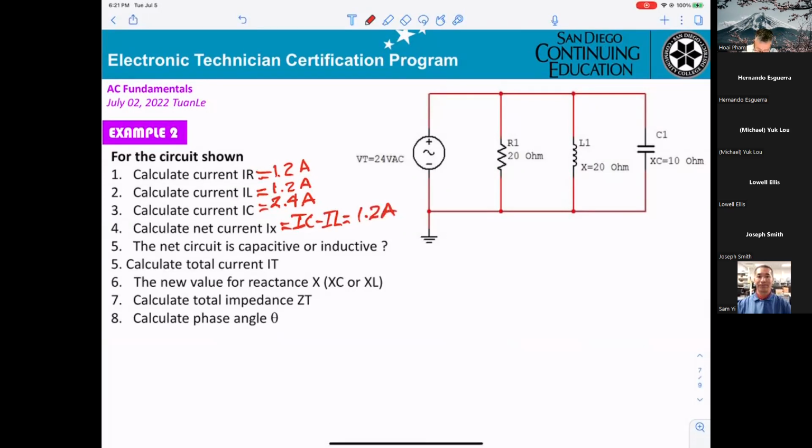And IC is higher than IL, so the circuitry is capacitive.